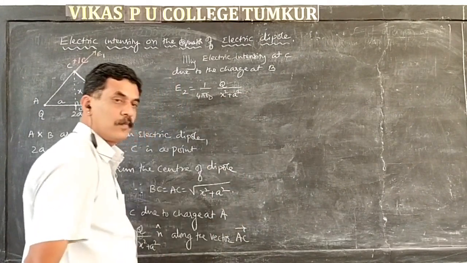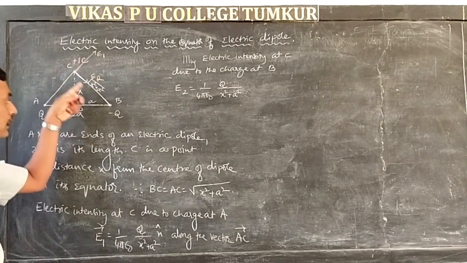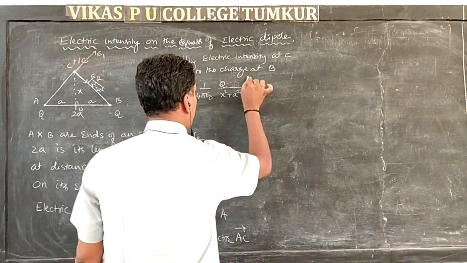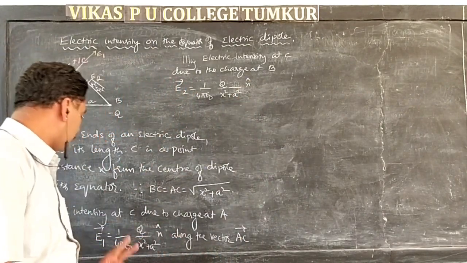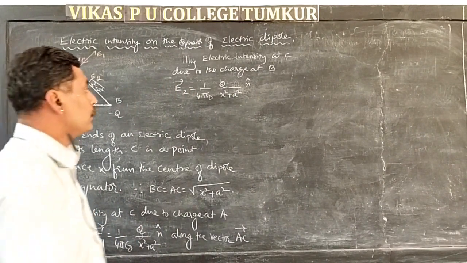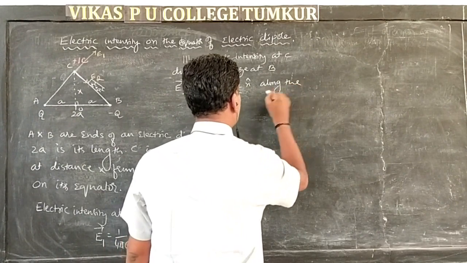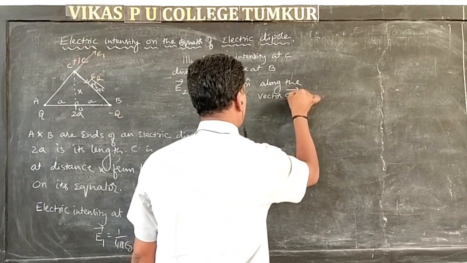This also remains the same. But the direction of E2 is along the vector CB, so n cap is the direction of E2, whereas here n cap is the direction of E1, along the vector AC.